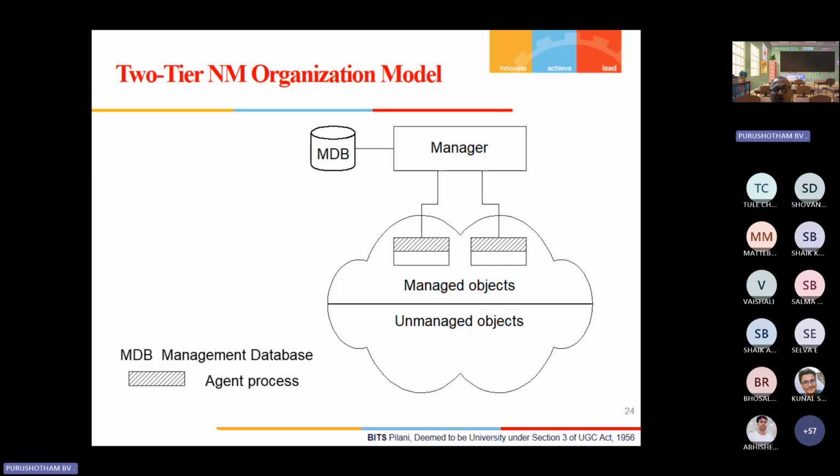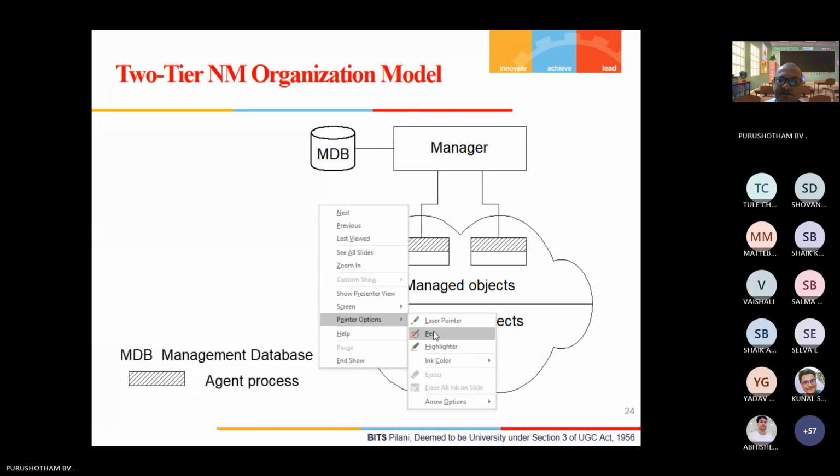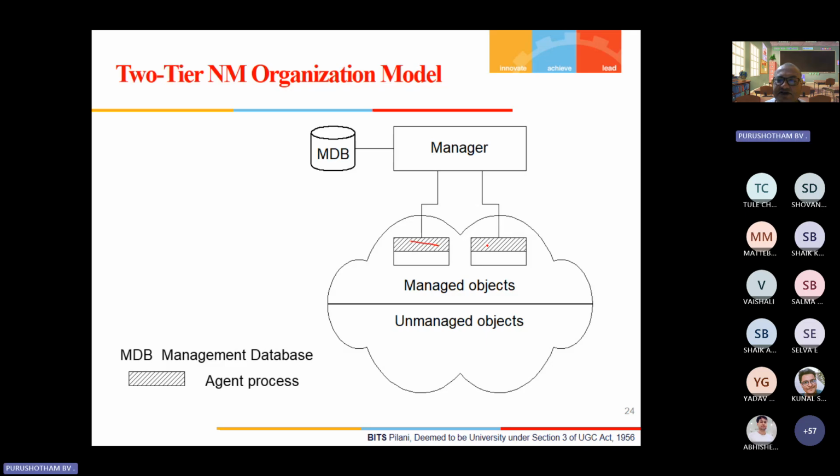This is called a two-tier network management organization model. Any manager means there should be a managed database, MDB, and the manager will coordinate with the agent. The shaded area is called the agent. This is where it sits.